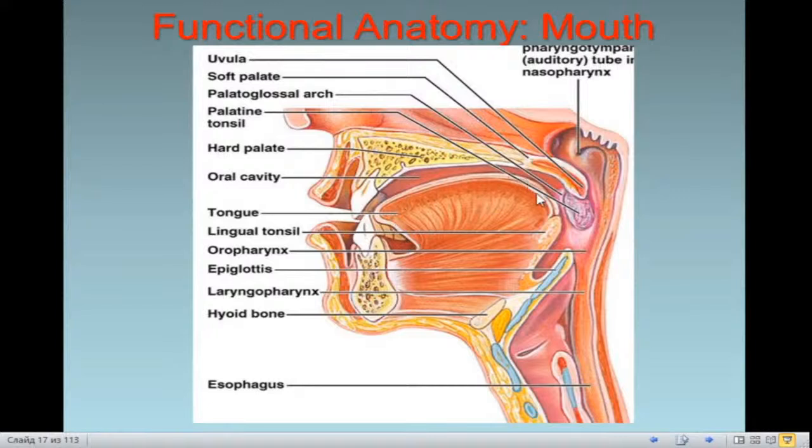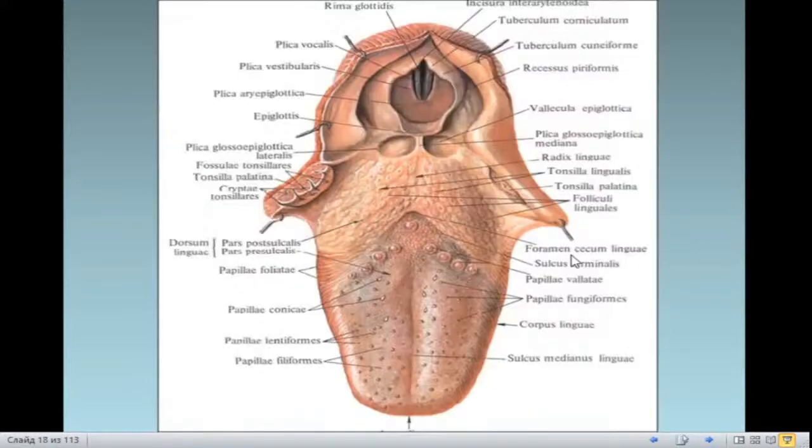On the floor of the oral cavity, you will see the tongue and muscles below the tongue. The tongue, in Latin, sounds lingua, and in Greek glossum. The tongue is a fleshy organ, no bone inside, that has a superior surface and an inferior surface.